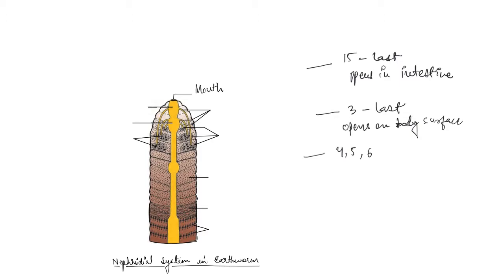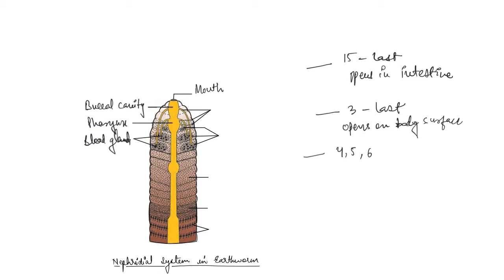So if you just want to see the context of where all these kinds of nephridia are present, basically this is the mouth, then you have the buccal cavity, then you have the pharynx, you have the blood glands here, right?